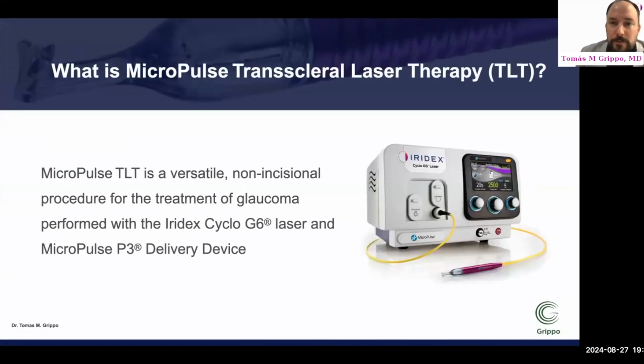So what is MicroPulse TLT? MicroPulse TLT is a versatile, non-incisional procedure for the treatment of glaucoma performed with the Iridex Cyclo G6 laser and the MicroPulse P3 delivery device.